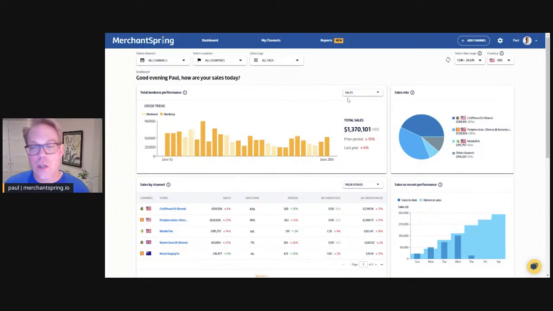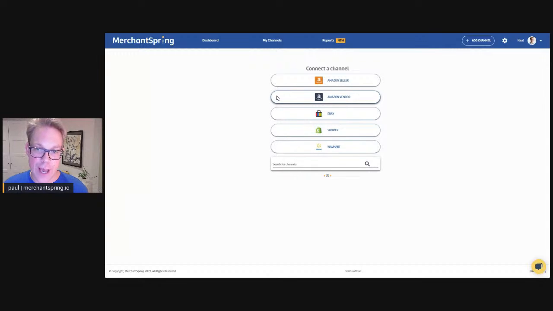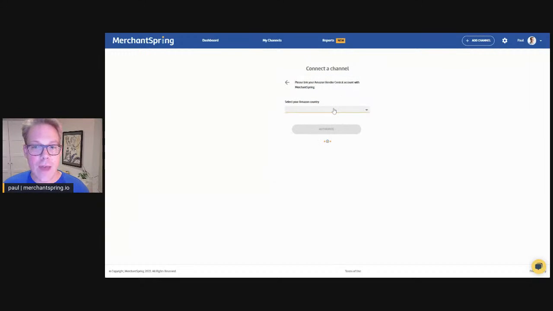And of course, the first thing you need to do is to actually connect your Amazon Vendor account. Now, that is really easily done. It works the same way as connecting an Amazon seller account. You simply select Amazon Vendor and then select the country that your vendor store is located in.